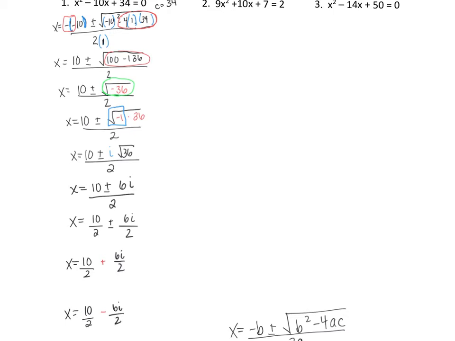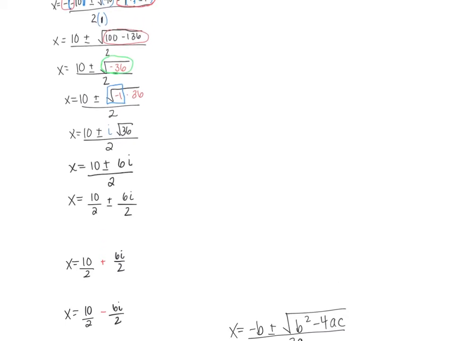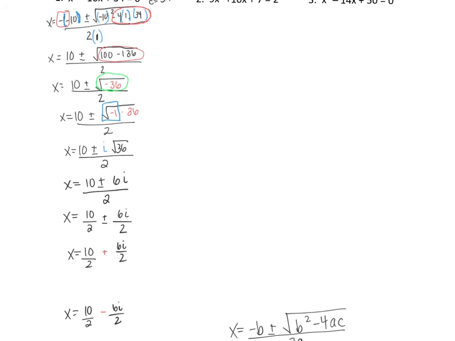And now we can go ahead and simplify it. We're just going to divide each of the numbers by 2. I know that 10 over 2 is 5, and I know that 6 divided by 2 is 3, but I cannot forget to keep my i.